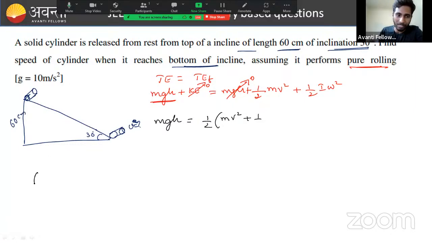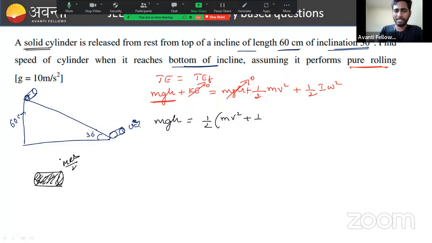Guys, remember, this is a solid cylinder. The solid cylinder moment of inertia is mr square by 2. It is nothing but a disk. The same moment of inertia it has. Just a minute, I will clarify this one.